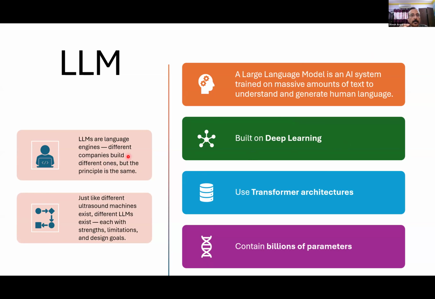In layman's terms, they are large language engines. There are companies which build different ones, but the principle remains the same. For example, OpenAI has built ChatGPT, Anthropic has built Claude, Google has built Gemini, and so on. It's just like different ultrasound machines exist, for example Sonosite, GE, eSaote; different large language models exist, each with their strengths, limitations, and design goals.